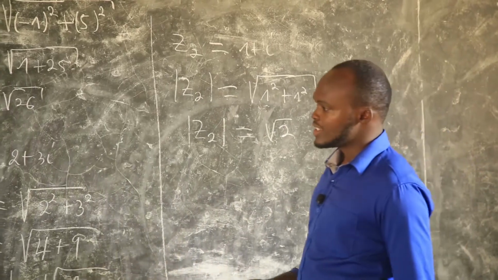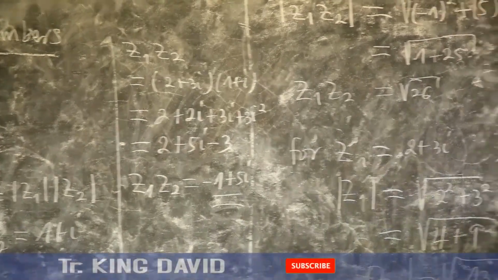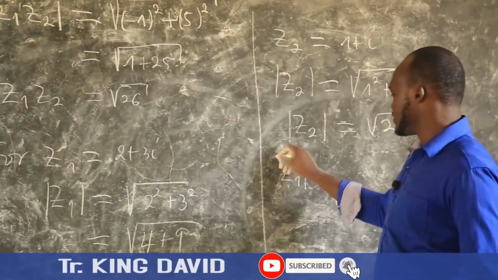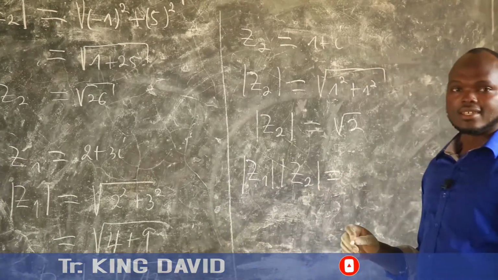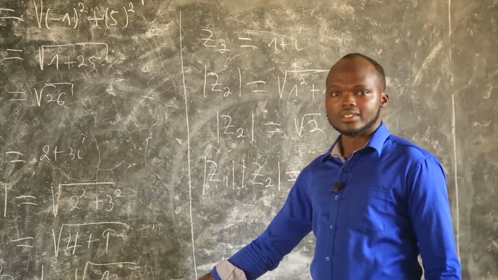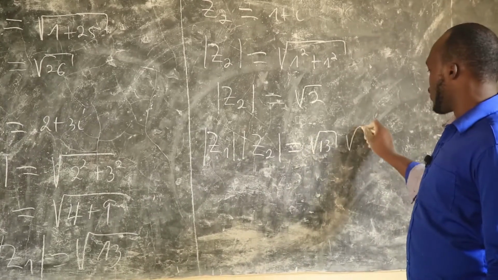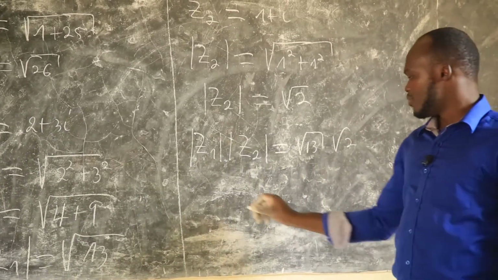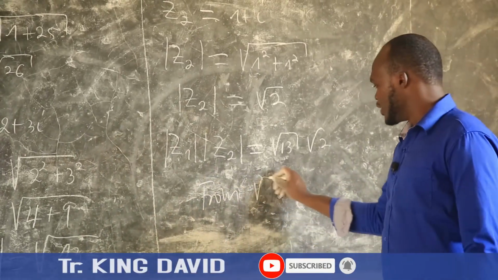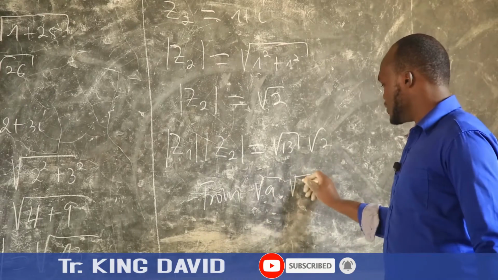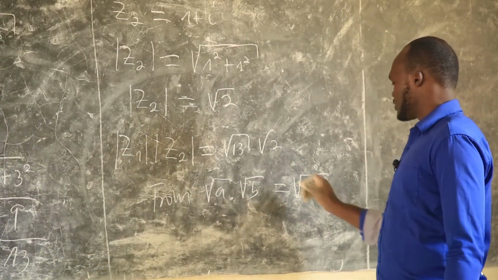So now, what is the modulus of Z1 times the modulus of Z2? The modulus of Z1 is root 13, times root 2. You know that when you have root A times root B, the answer is root AB.